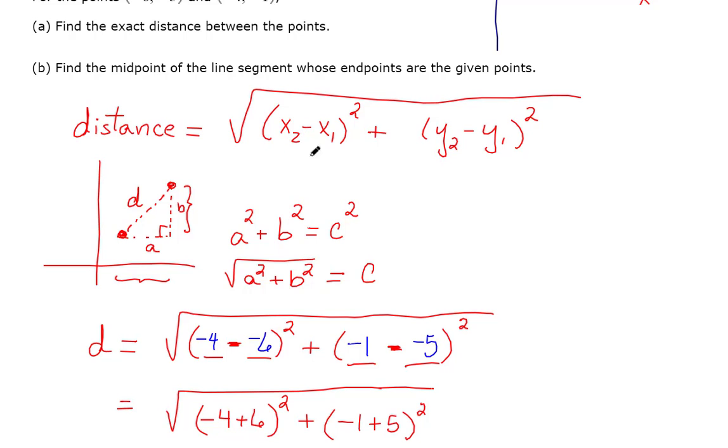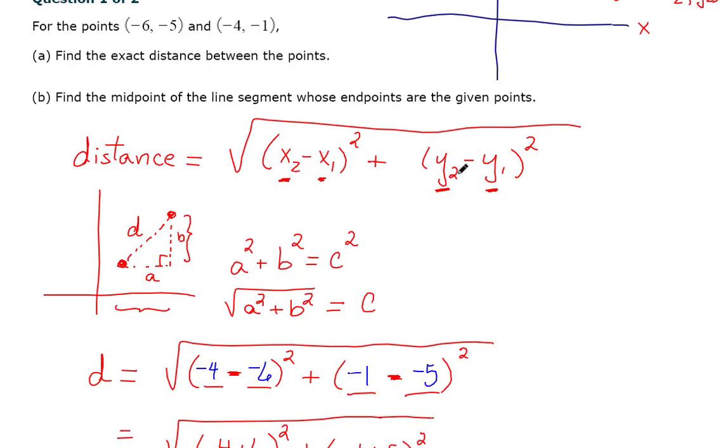Something squared plus something squared. Now, how do we use the formula? Well, notice I need the coordinates of the x's and I need the coordinates of the y's. We just fill them in. The minus is part of the formula. So let's scroll up a little bit. What are my points? My points are minus 6, minus 5.